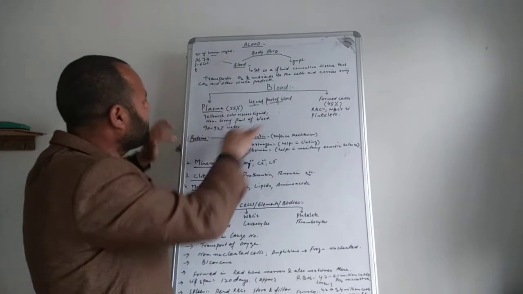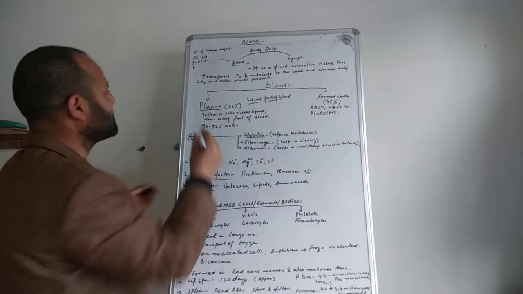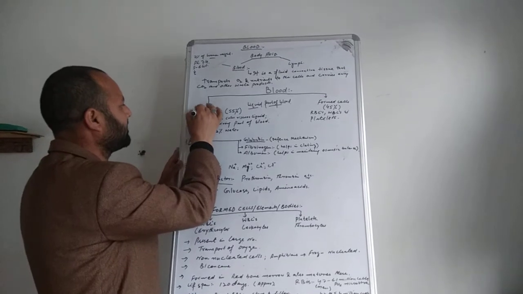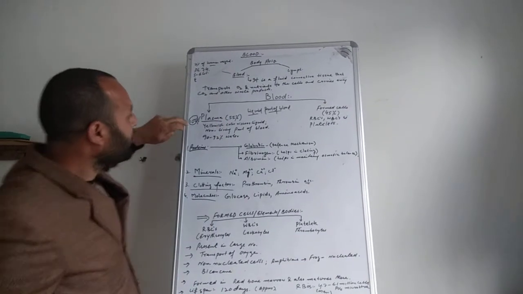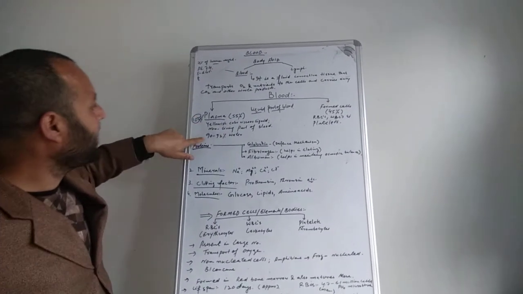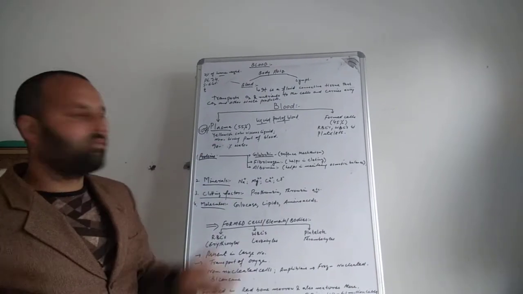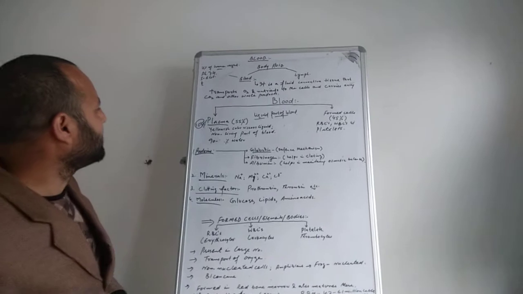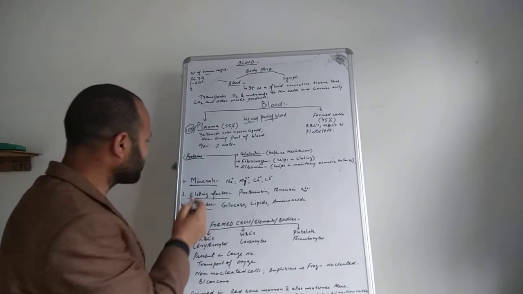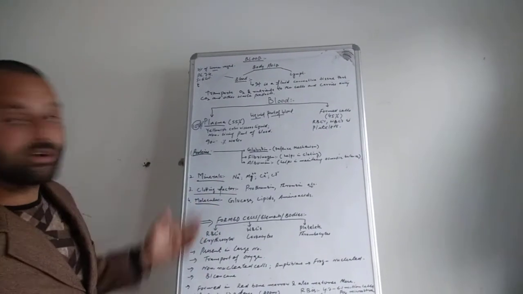If we consider plasma as 100%, out of this 100%, 90% is water and the other 8% contains proteins, minerals, clotting factors, and molecules.